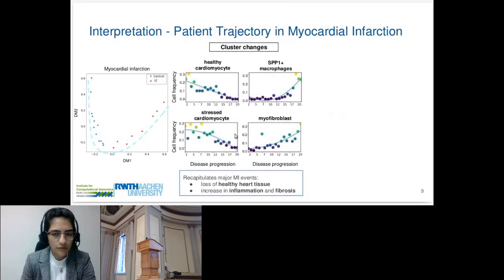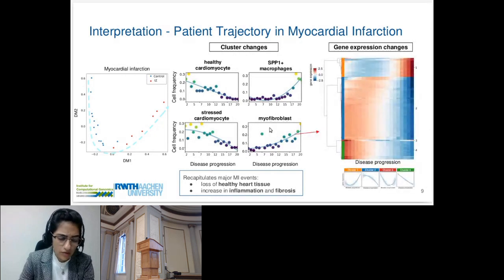We wanted to find cell type importance for the disease, and we observed that the frequency of healthy cardiomyocytes decreases linearly and stress cardiomyocytes decrease quadratically with disease progression, while macrophages and myofibroblasts increase quadratically. That was a hypothesis showing that the cell frequency is somehow related to the disease.